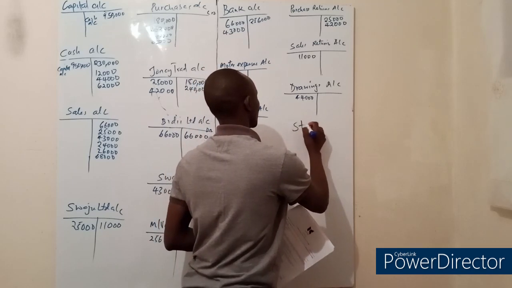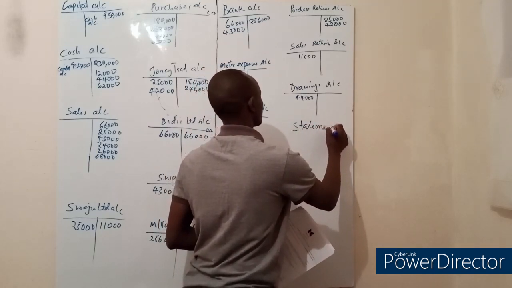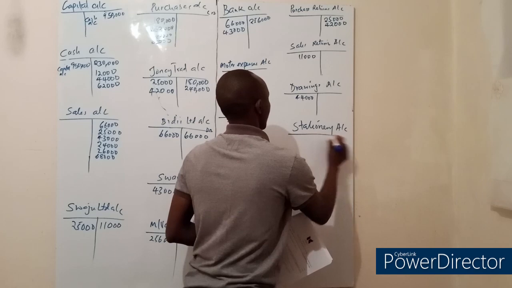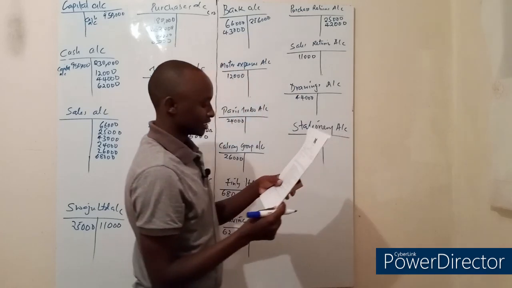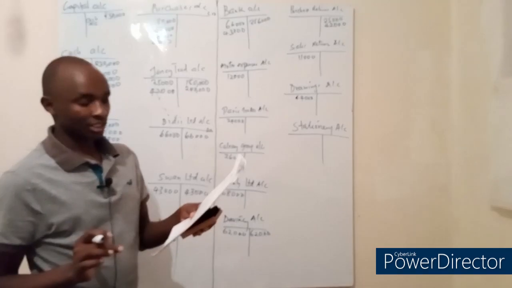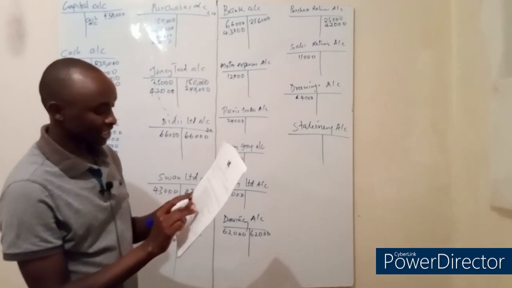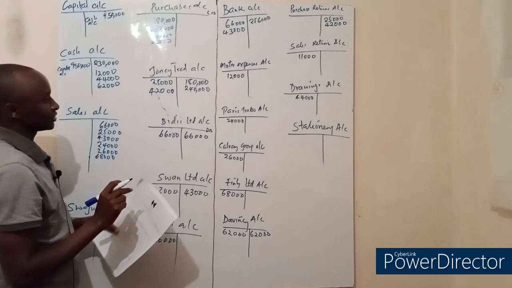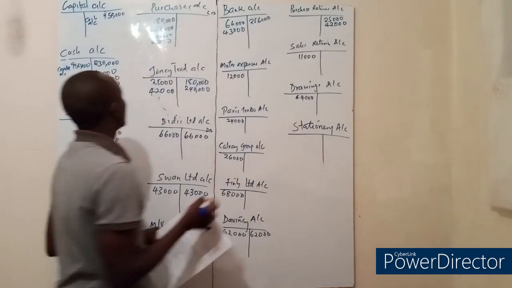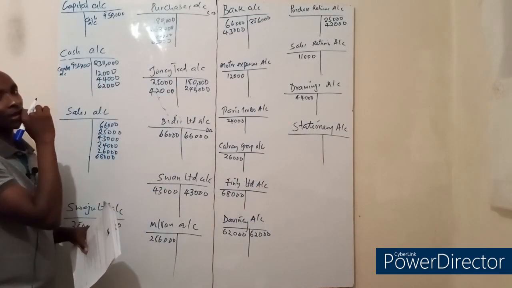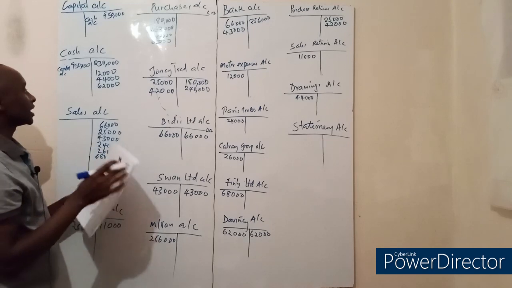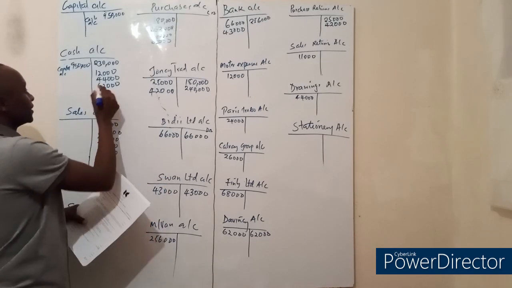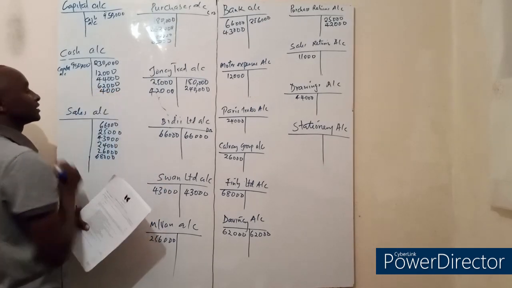So you open the stationery account. Purchase stationery in cash. So Celia Atieno's cash account is decreasing by 4,000 because she's paying for the stationery, right? And cash account is an asset, and an asset normally decreases on the credit side, right?